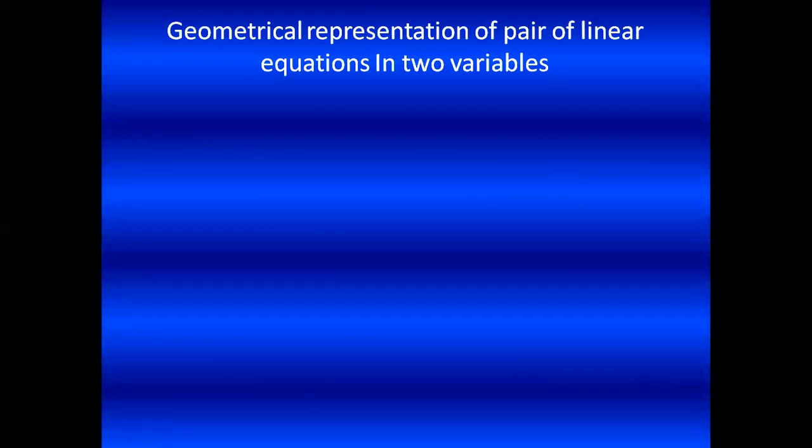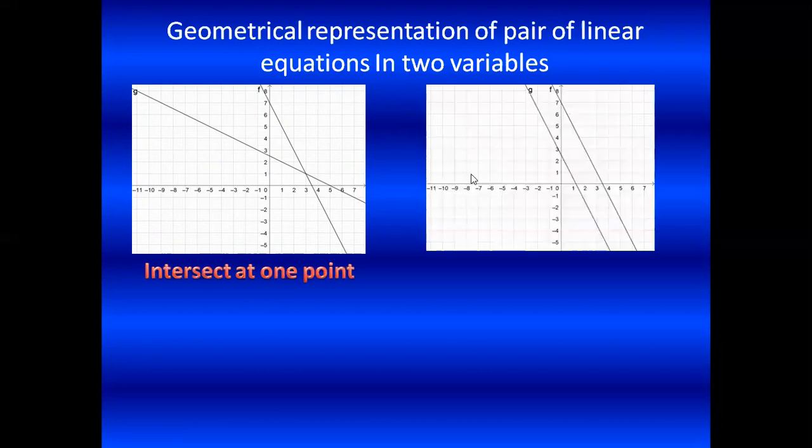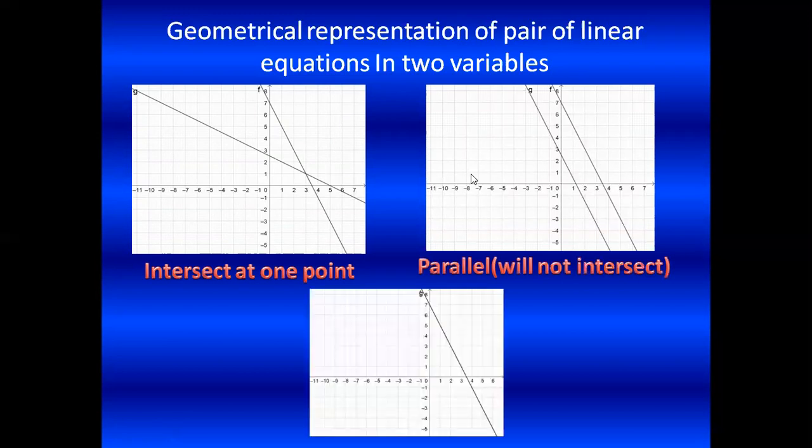Now how do they look geometrically? What is the geometrical representation of a pair of linear equations in two variables? Here pair means there are two equations, so you will get two straight lines. How do they look? Either they will intersect at one point, or they may be parallel to each other, or they coincide.